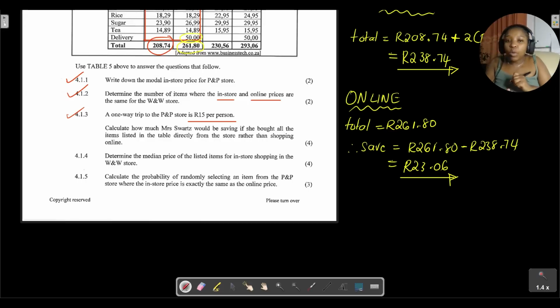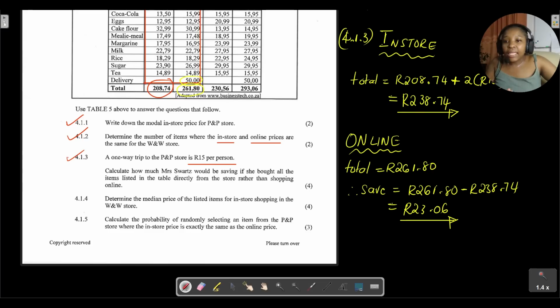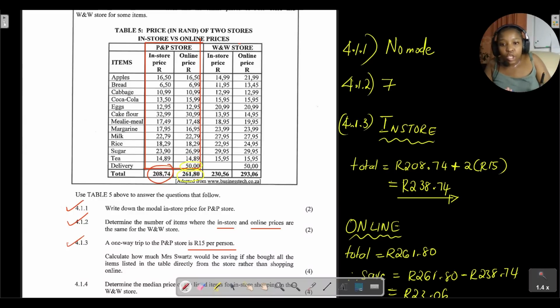Question 4.1.4. Determine the median price of the listed items for in-store shopping in WW store. Here, very easy. We are just calculating the median for the in-store prices.